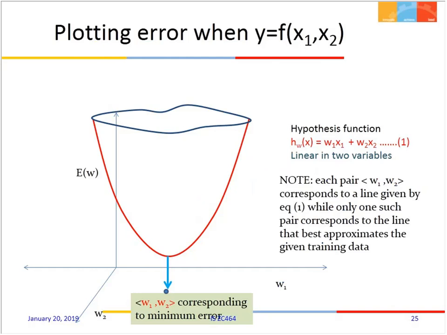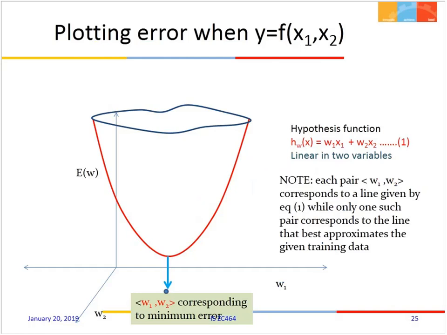So then there is a linear function in two variables, right? Each pair W1, W2 corresponds to a line given by these equations, equation 1, while only one such pair corresponds to the line that best approximates the given data. Okay. So you have already seen this visualization where W1, W2 corresponds to the minimum error.